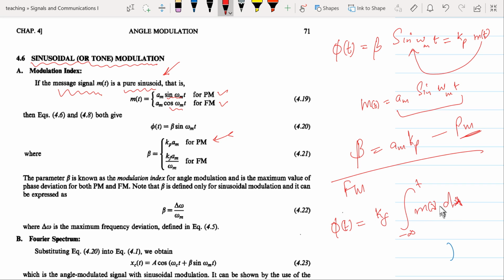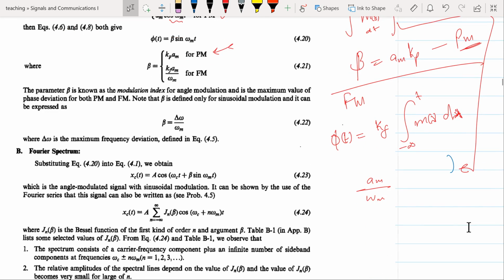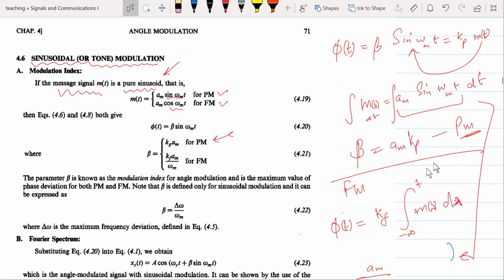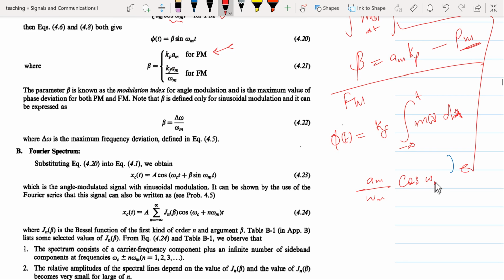And since we were able to see this, if we know that our message signal is given by this, when you integrate it, we are going to end up with something that takes the shape of A_m over omega m times cos omega m t.